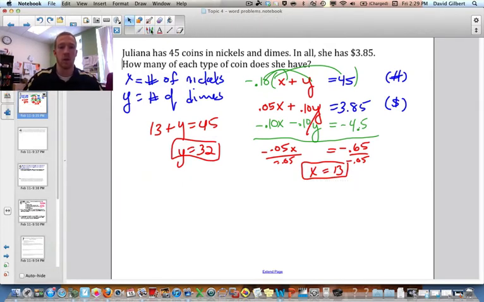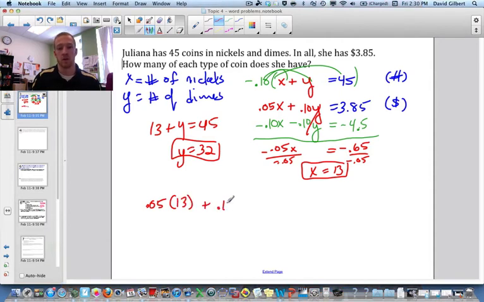It's probably a good idea to check our answer as well. Since I got this 32 from the first equation, it's going to work there. Let's check it with the second one. 0.05 times 13 plus 0.10 times 32 should equal 3.85.